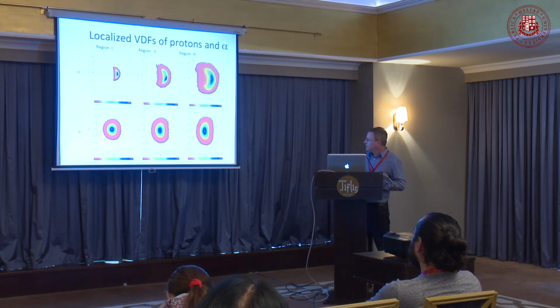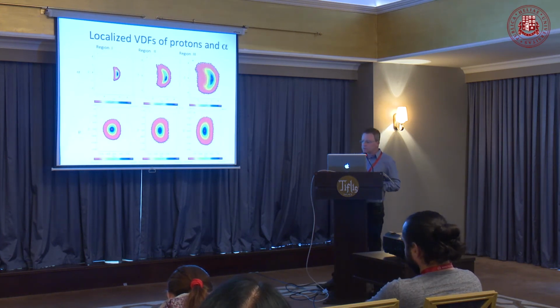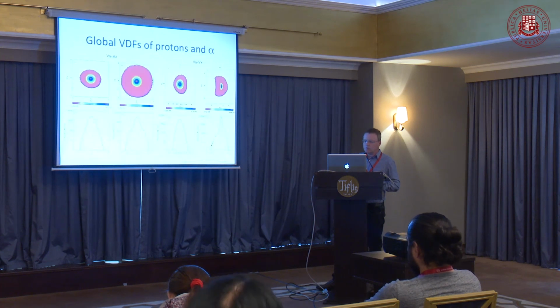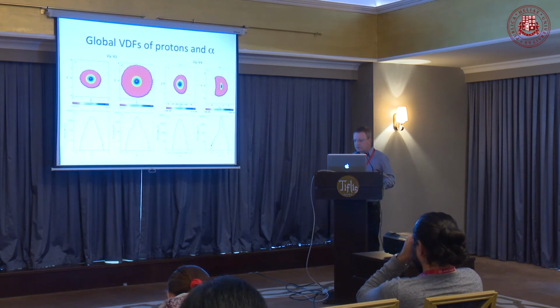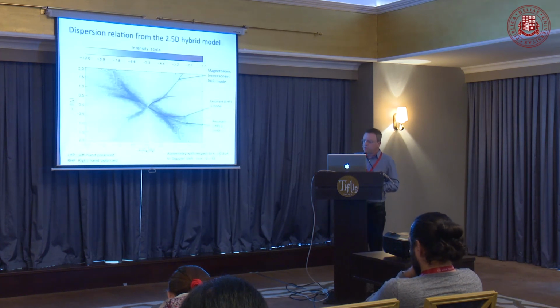So you can see the differences in isotropy and the departure from the Maxwellian distribution. You can also look at the formation of the non-thermal tails in the perpendicular direction due to the effects of the drift.